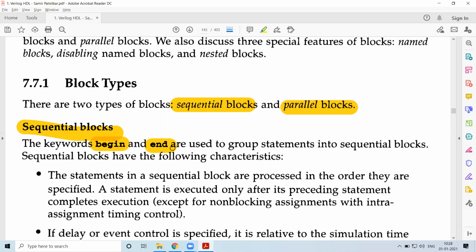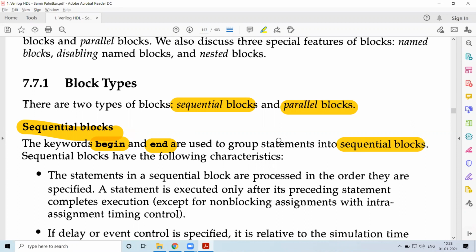If there is only one statement, you generally don't use it. But when we group multiple statements using the keywords begin and end, we term that block a sequential block. So based on this keyword, I can identify that the block is a sequential block.